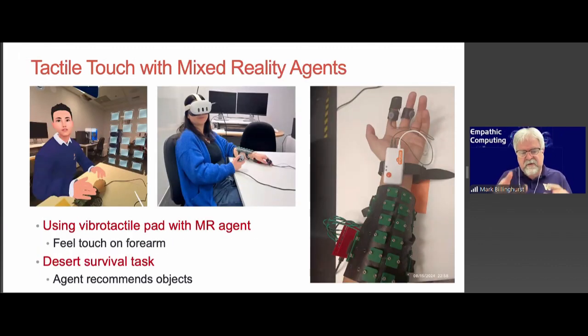So we've done some work in this space as well. In the previous example, I showed you the image of the mixed reality agent helping with the survival problem. We made a version of that agent that exists in the real world, and in this case, we let people feel touch on their forearm. So the agent would talk to you, and sometimes it would touch your arm, and you would feel the agent touching your arm.